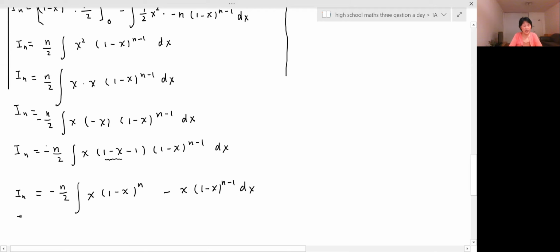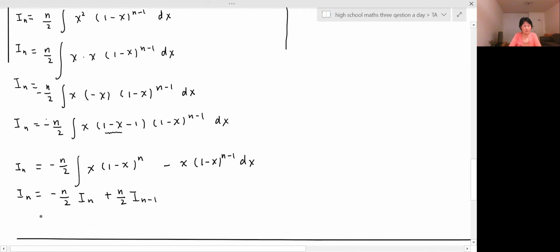So I_n then equals, this will be minus n on 2 times this one, just I_n. Then this one times this one will be plus n on 2 times I_(n-1).